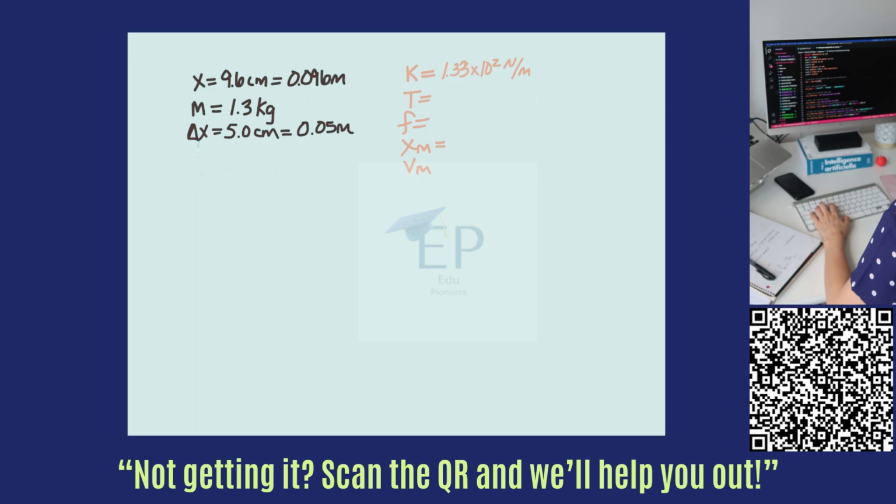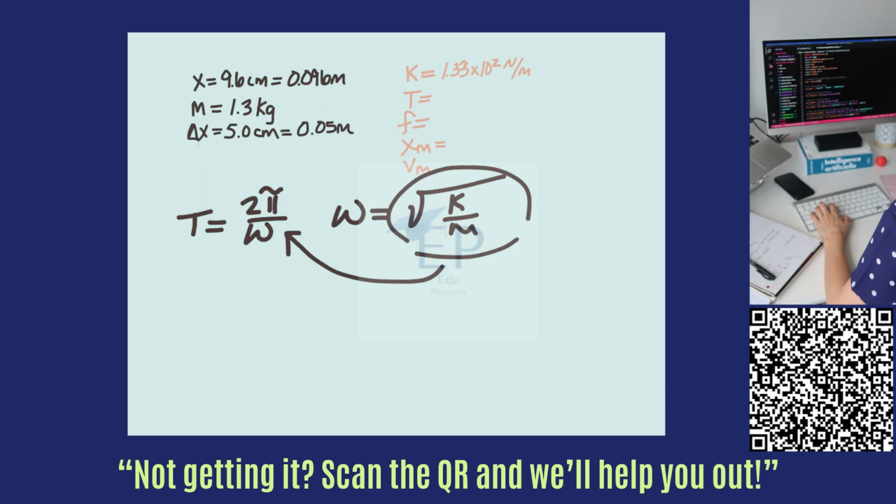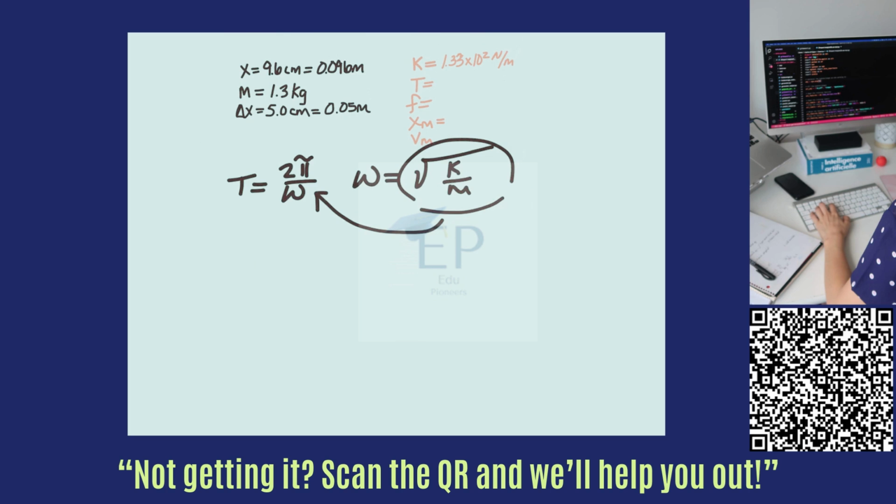So to find our period, we're going to use the equation T equals 2 pi over omega, and omega also equals the square root of our spring constant divided by our mass. So we can replace the omega in this equation, which gives us T equals 2 pi times the square root of mass divided by our spring constant.